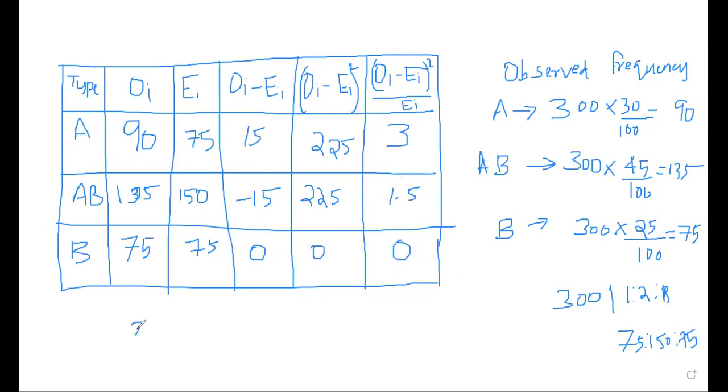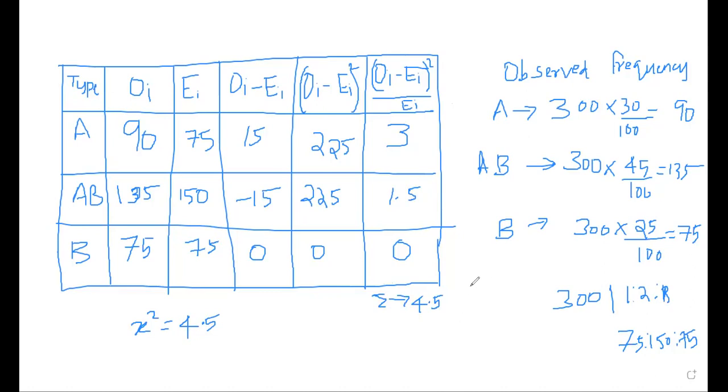Then find the value of chi-square. You have to take the sum: 3 plus 1.5 is 4.5. So the summation is 4.5, and chi-square is 4.5.